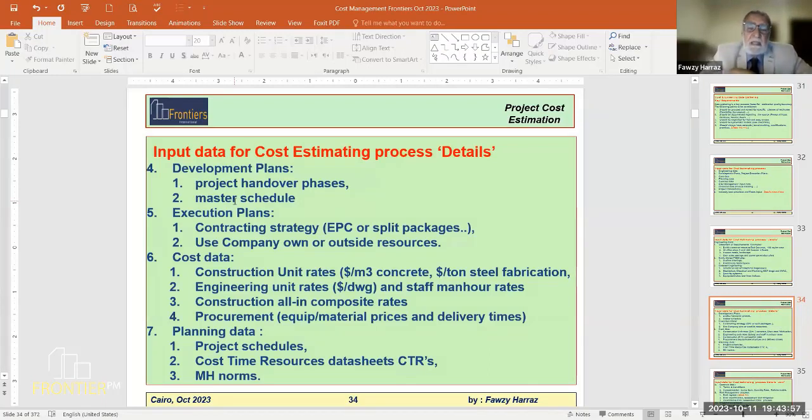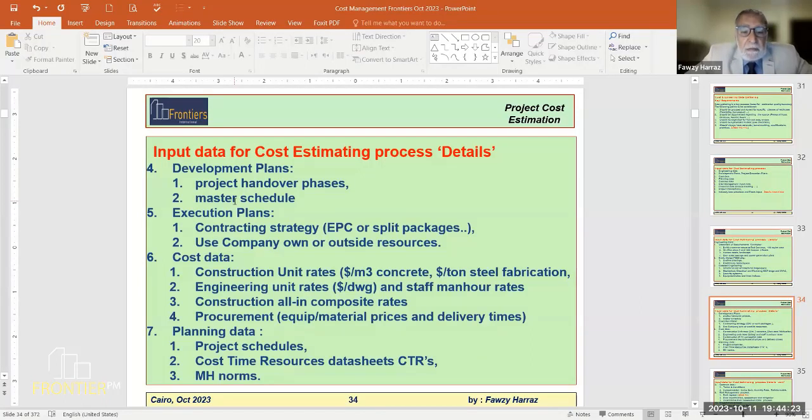That's one thing. If I'm a main contractor, I may decide to build most of the thing with my own company resources, or I may sublet. And of course, the contract maximizes the amount of subletting, not to exceed a certain amount. So within limitation, we can decide to sublet certain parts of the scope.